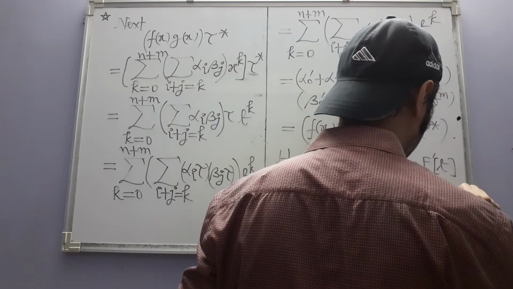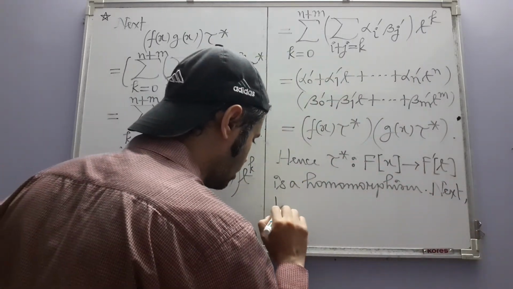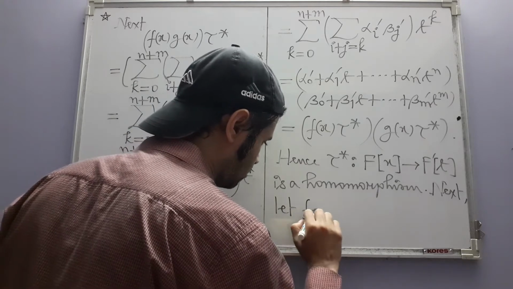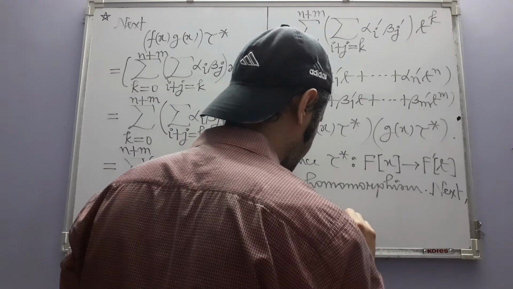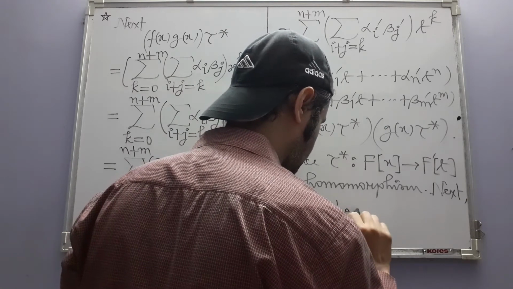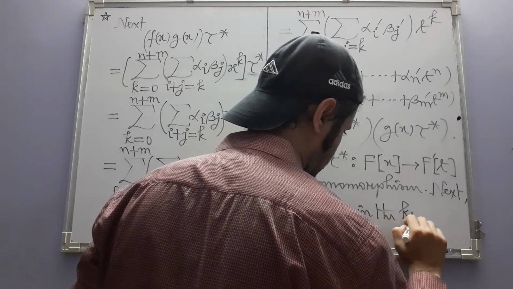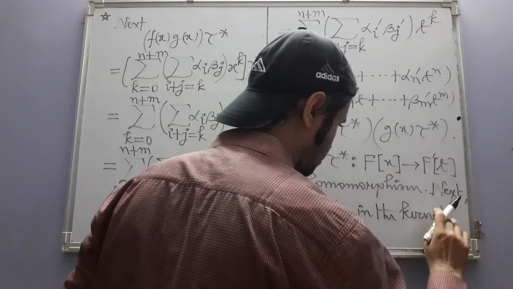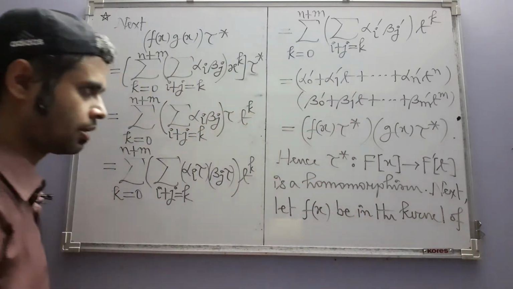Next, let f(x) be in the kernel of tau star.